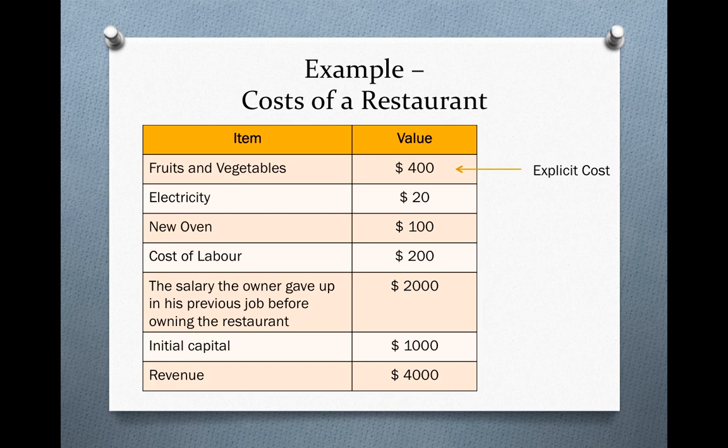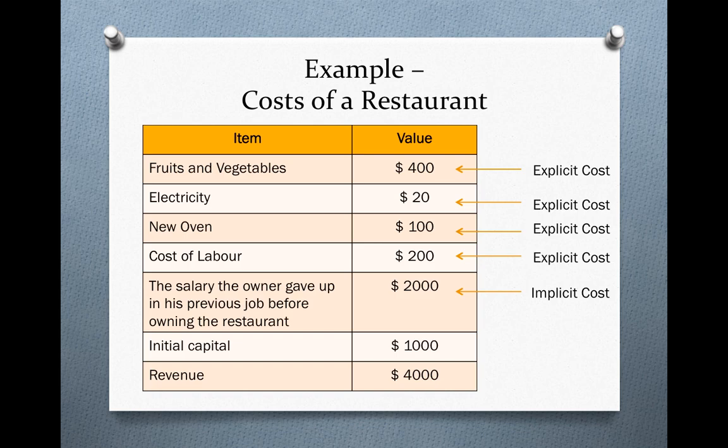Now, fruits and vegetables, the costs are explicit. It is recorded. Electricity, again, it's recorded. The new oven that we purchase, it is also recorded. Therefore, explicit cost. The cost of labor is an explicit cost. But here, the salary that the owner had to give up in his previous job is an opportunity cost.